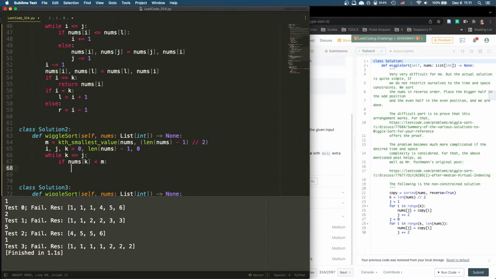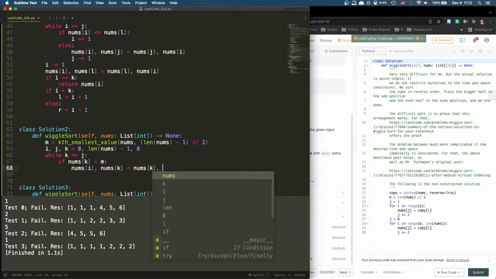Now what do we do? So we're going to swap with i, right? Because we want the smaller value to go there. So we say nums i, nums k equals nums k, nums i, right?